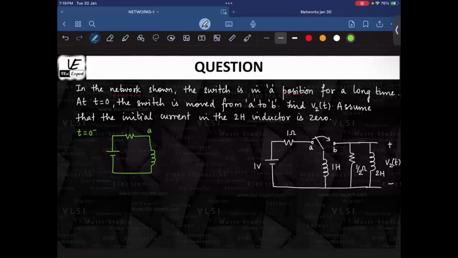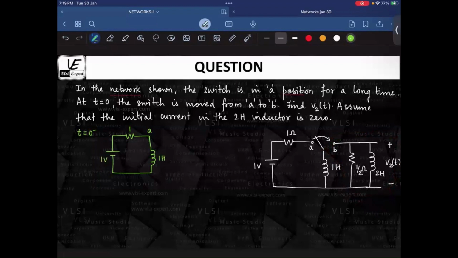The switch position A would be there, and since B is not connected, this whole part will not be in the circuit, right? And you have this resistance of 1 ohm, a 1 Henry inductor, and the voltage is 1.